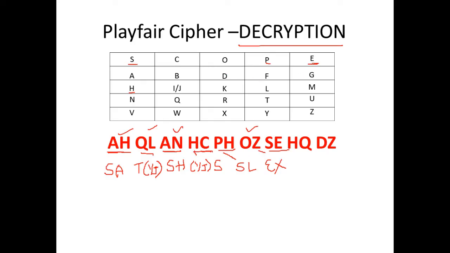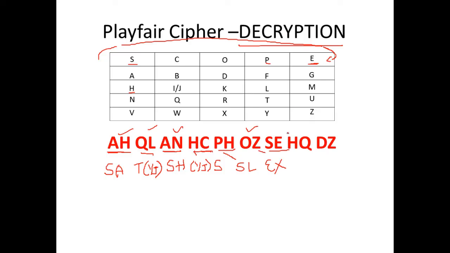E is here. Now these two characters are in the same row. So earlier in encryption, when they were in the same row, we used to go to the next character. Whereas in decryption, when S is here, we have to go to the character on this side. So for that, there is no character on this side, so we'll go and see what is at the end.